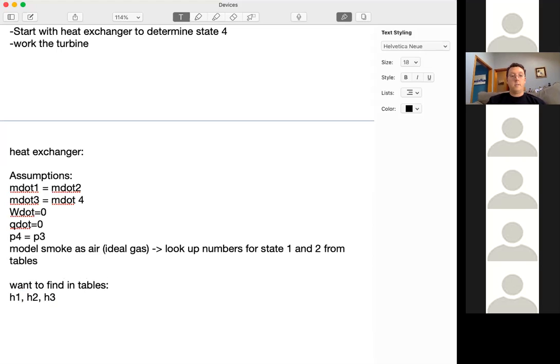So we need to calculate m dot 1. That's a calculation, but to do that you might need to use the ideal gas law. Think about it. And then from the energy equation, you can find H4.